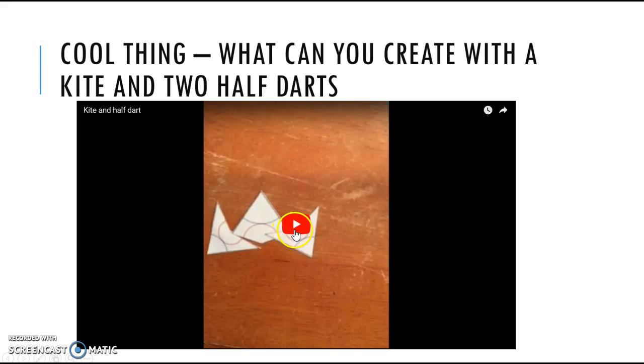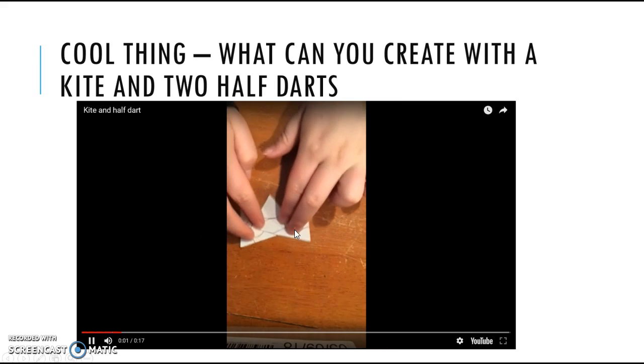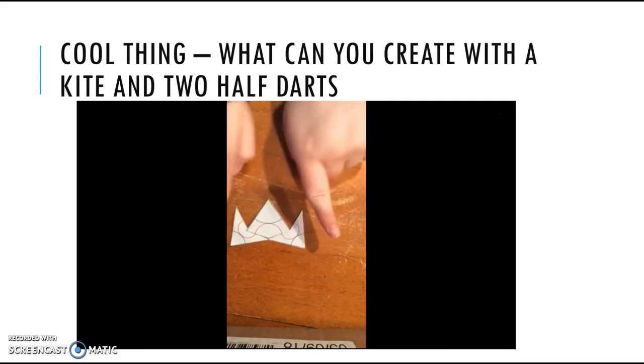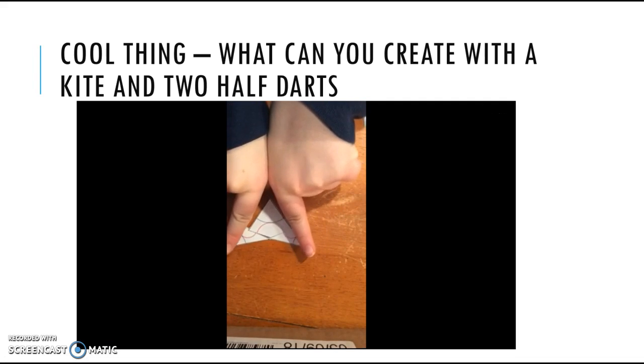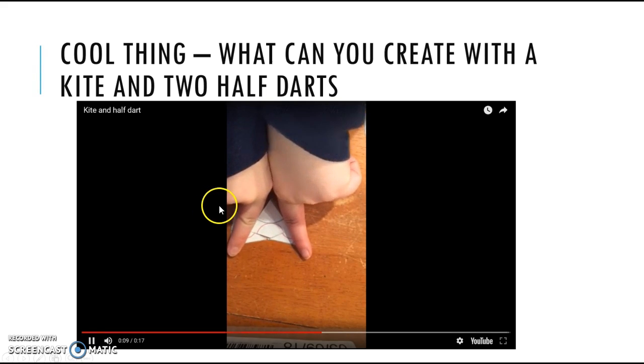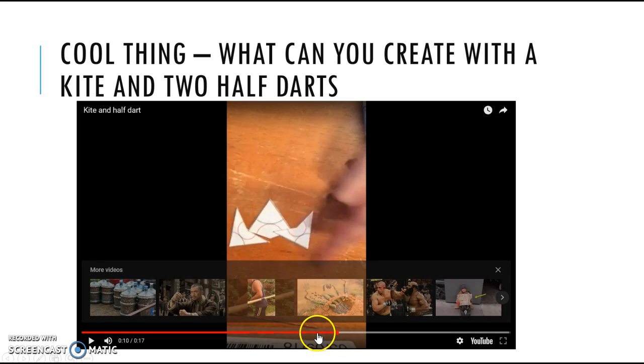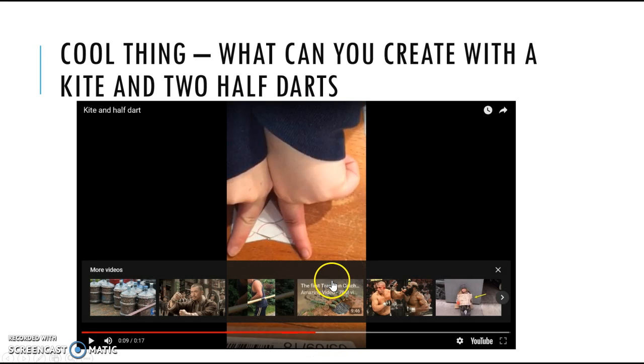So what I'm going to show you here is the kite and the half dart. What we see is that if we put two kites on a dart, let's go back, there we go. What you can see is you actually have this bigger kite pattern that is formed.